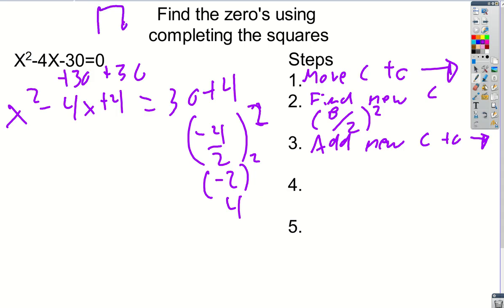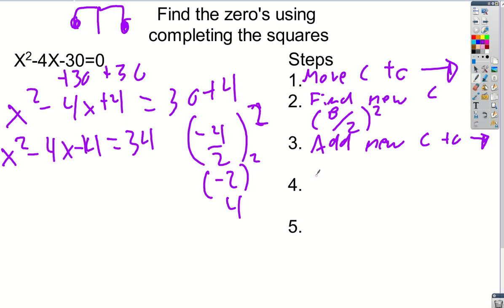If I add something to this side, I have to add something to that side too for it to still be balanced. By adding a random number 4, if I add 4 to the other side, it's still equal to each other. So now I have x squared minus 4x plus 4 is equal to 34.